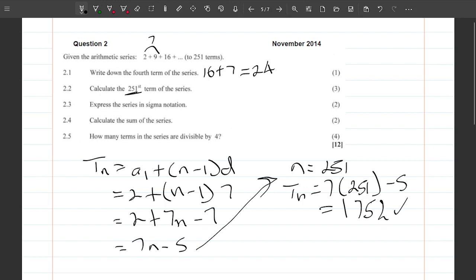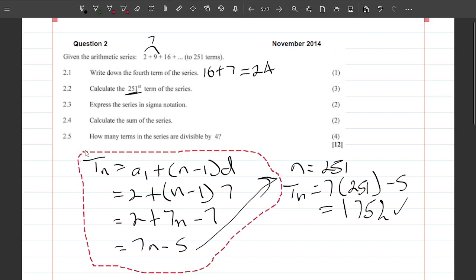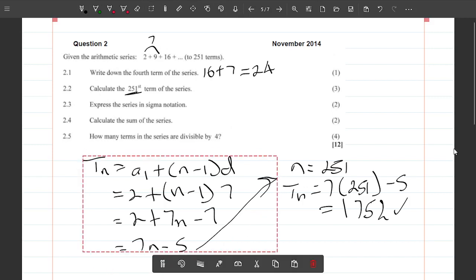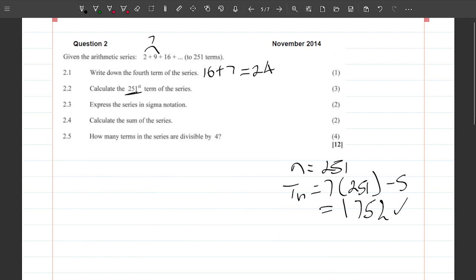Then the next question, they just say express this whole thing in sigma notation. So let me just get rid of this. We may not need this. To express this in sigma notation, we're first going to draw our sigma symbol.